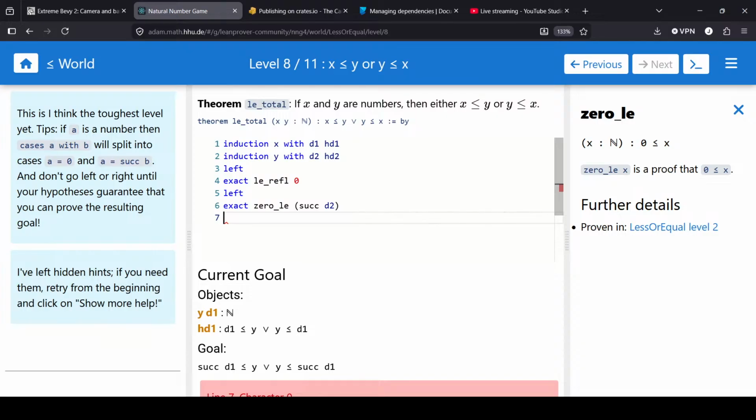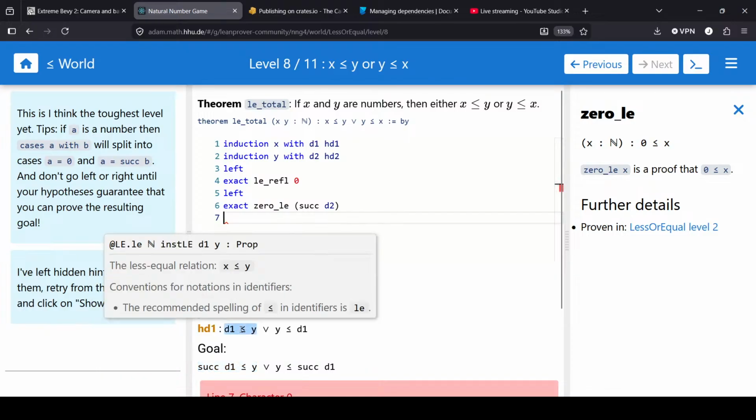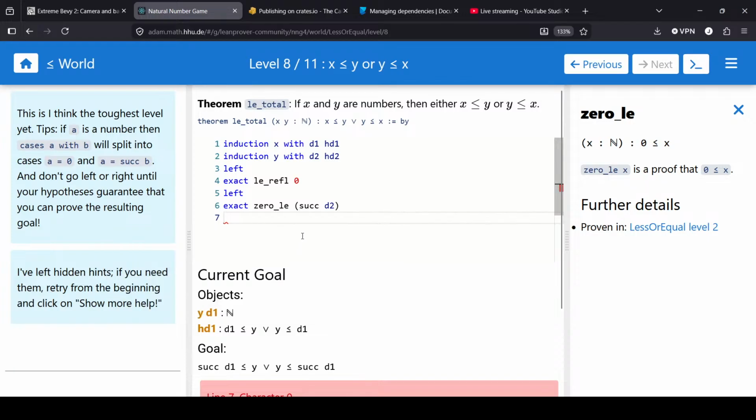I mean, this kind of looks like something, maybe? Okay, successor of D1 is less than or equal to Y. I have D1 is less than or equal to Y. But the successor is out here.